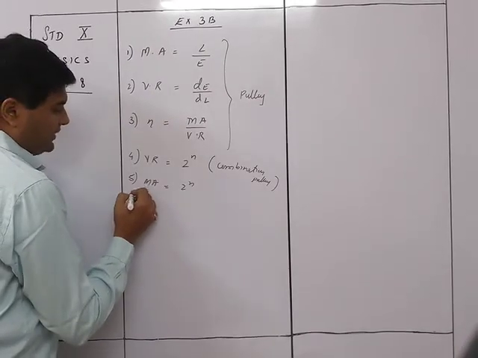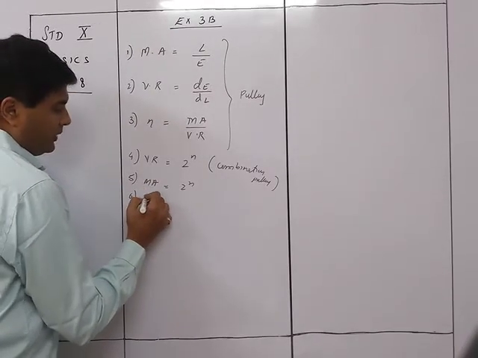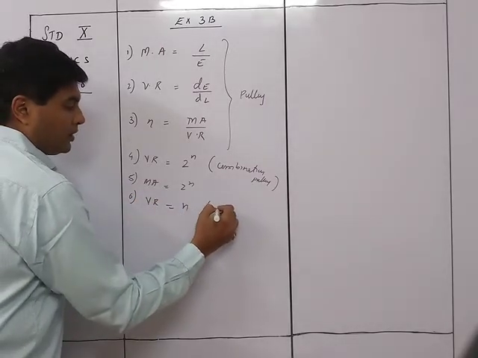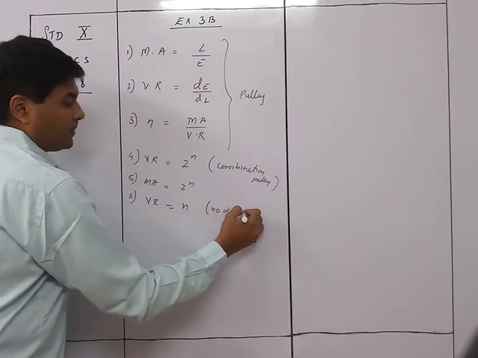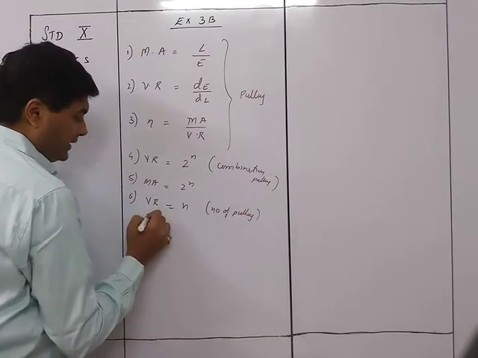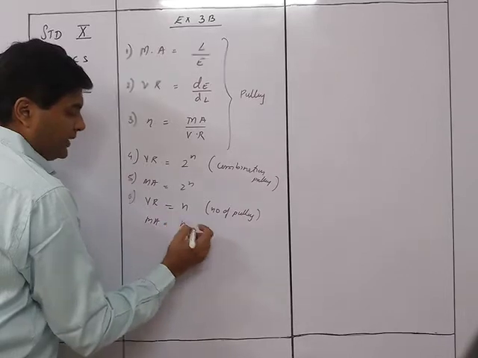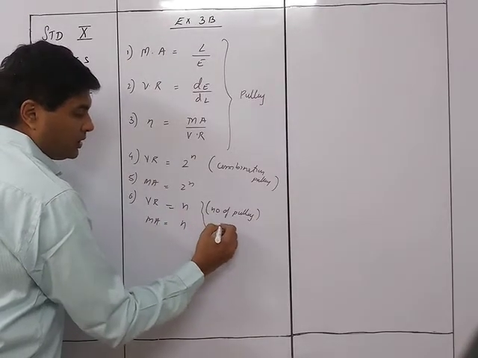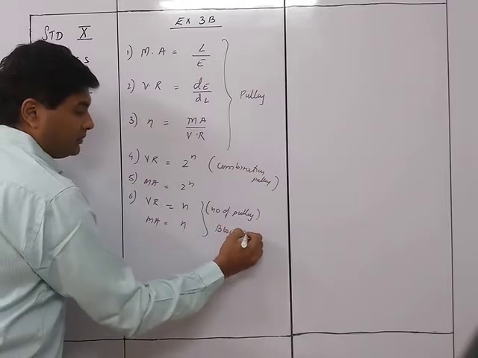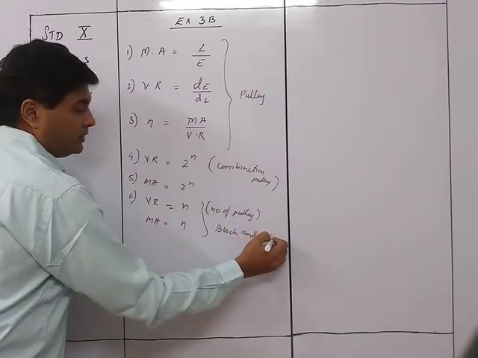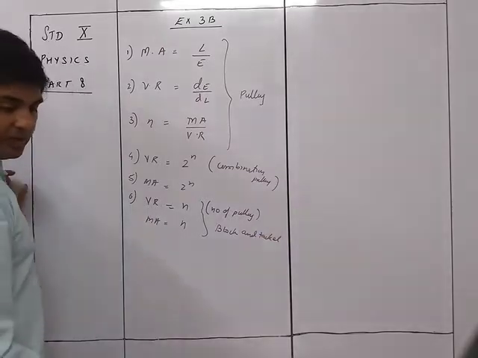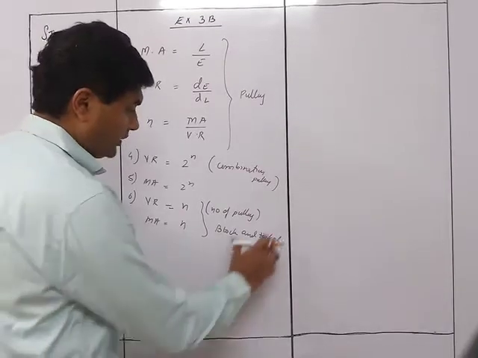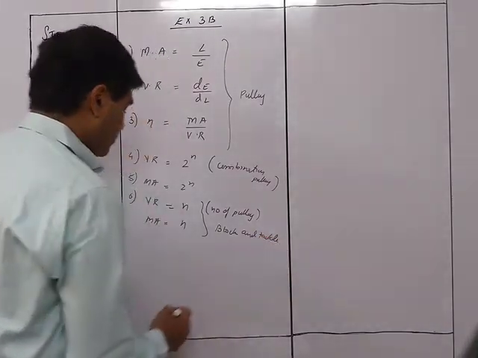And the sixth one is VR is equal to n, that is the number of pulleys in a block and tackle, and MA is also equal to n, which is again the same thing. This is for block and tackle. So the block and tackle system is going to be this way.